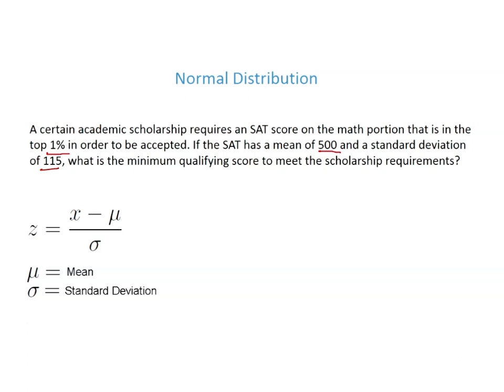So top 1%, if we look at that curve again, and actually this shouldn't be quite so much on this side. Let me draw that again. If we look at this curve again, the top 1% would be somewhere all the way over here.